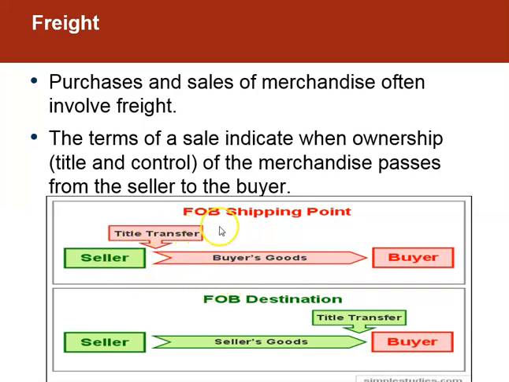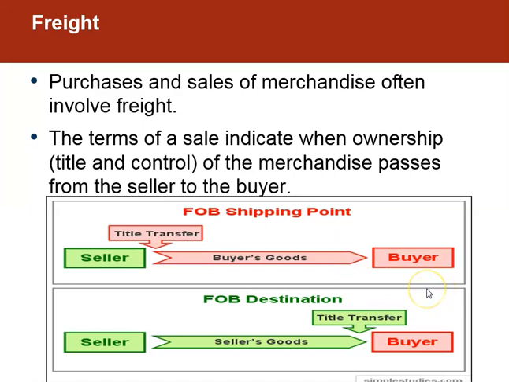So if the seller is located, let's say, in Maryland, and the buyer is located in Montana, a lot of distance between those, as soon as the seller in Maryland drops the items off to the common carrier, the goods become the buyer's at that point.